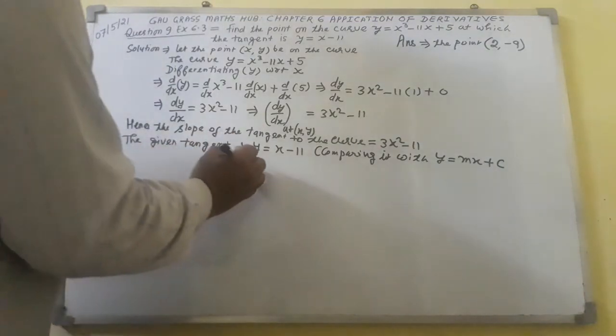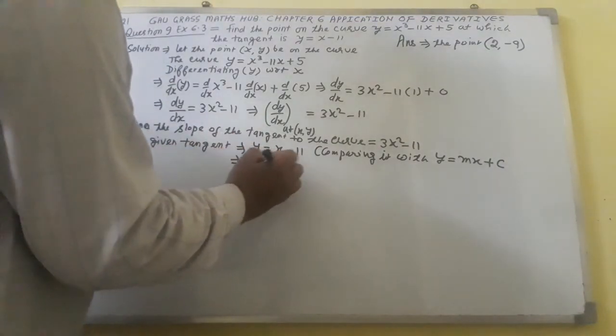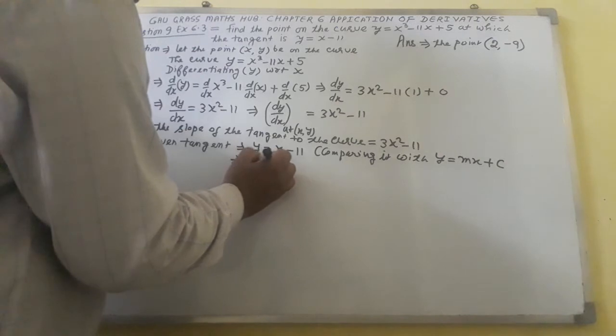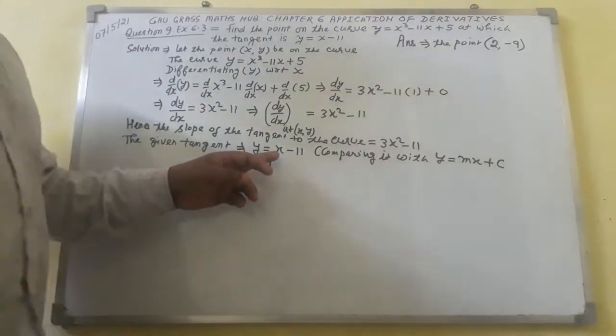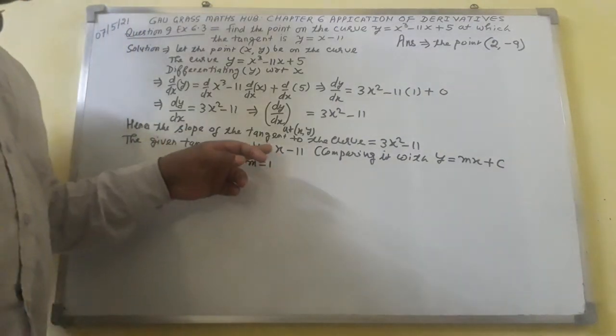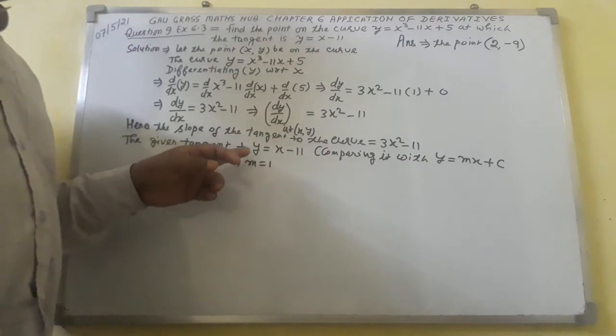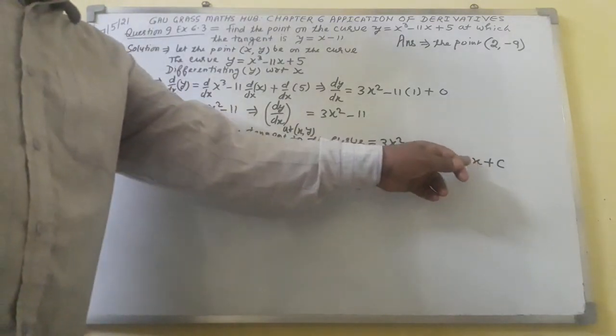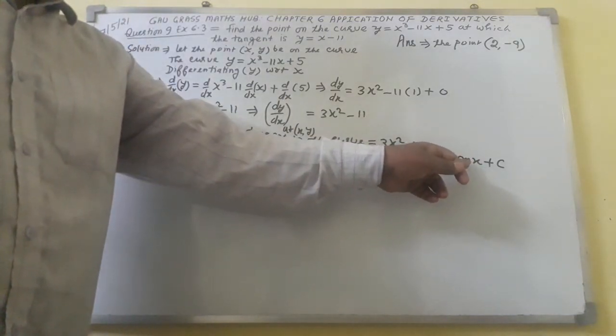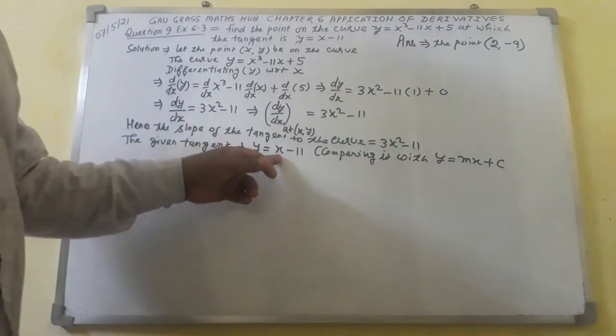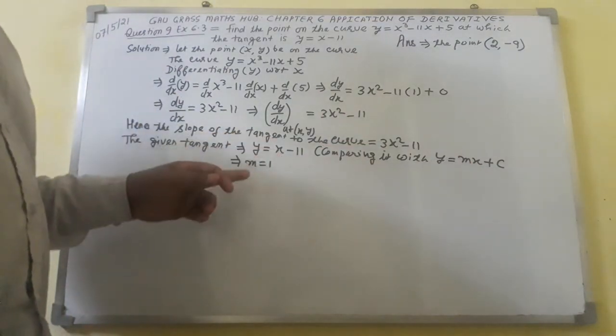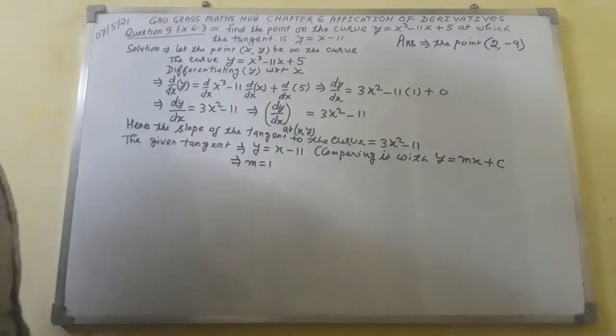So here we shall get m equal to 1 because the coefficient of x here is 1. Here the coefficient of x is m, here the coefficient of x is 1. So m equal to 1 you have got.